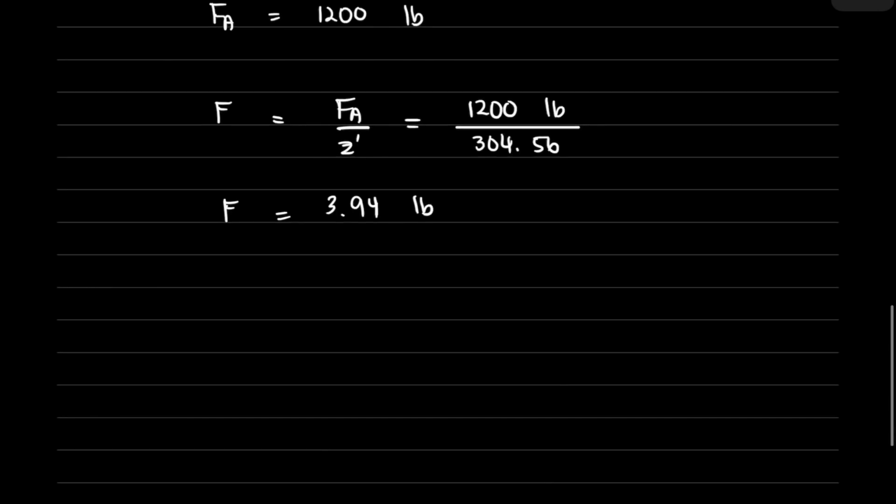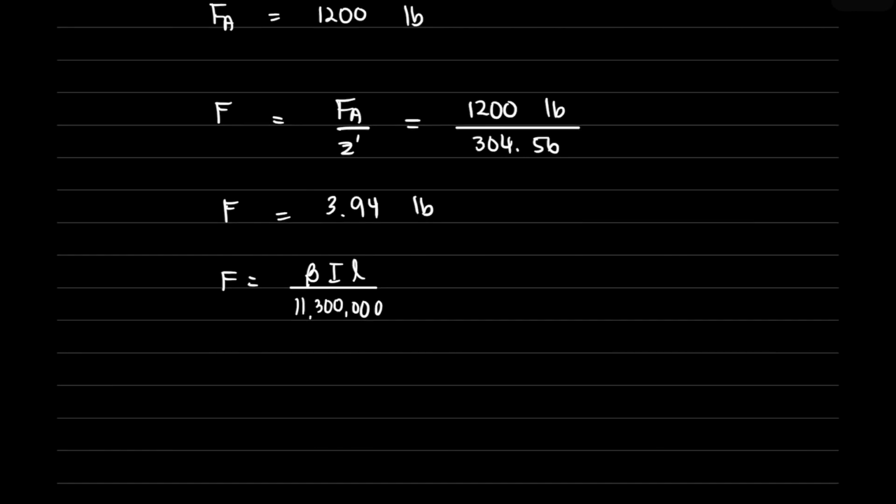So if we use F equals B, or flux density, times the current times the length of the armature, all over 11,300,000, solving for I here, we would now have I equals F multiplied by 11,300,000 all over the flux density multiplied by the length of the armature core.